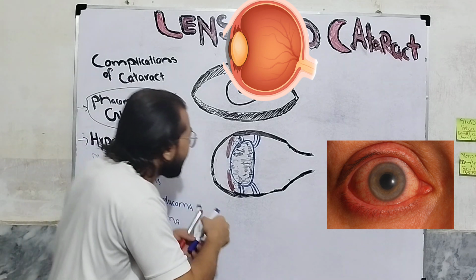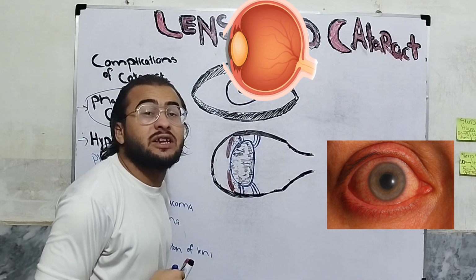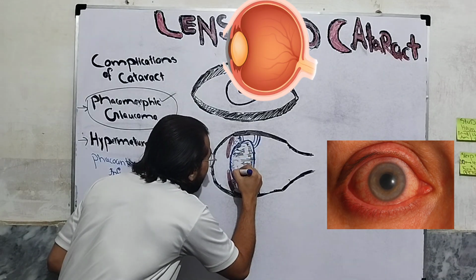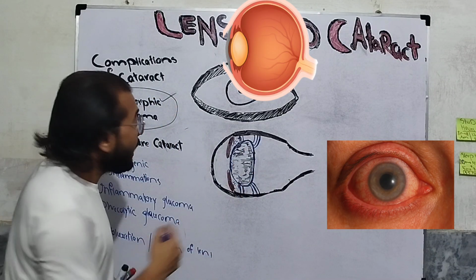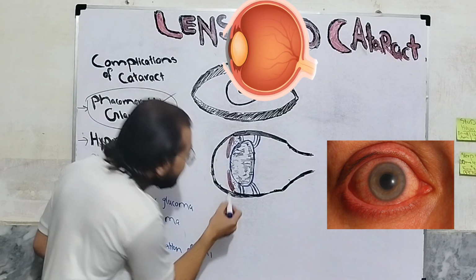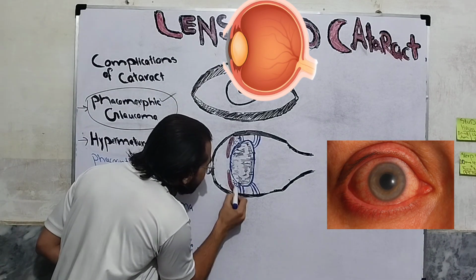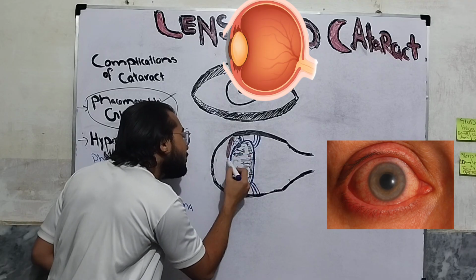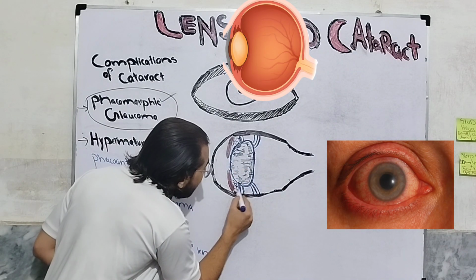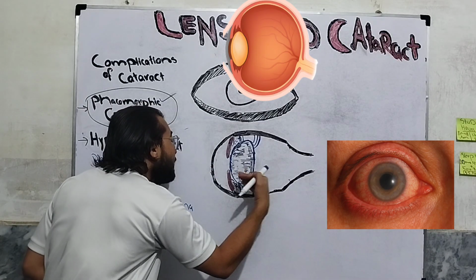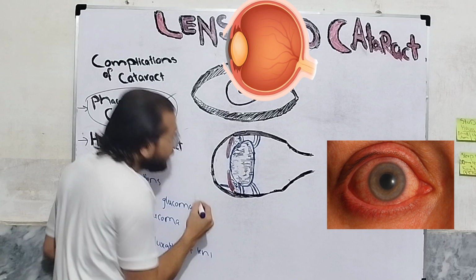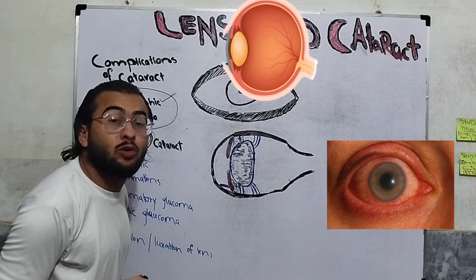What is this? In cortical cataract, there is continuous hydration of the lens, and this hydration will cause the lens to swell up, okay? The lens will swell up and block the pupillary outlet for the fluids. There are fluids in the posterior chamber, so this swollen lens will block the pupillary area, which is called pupillary block, and in turn these fluids will accumulate and push the iris forward and block the angle and cause angle closure glaucoma, okay?